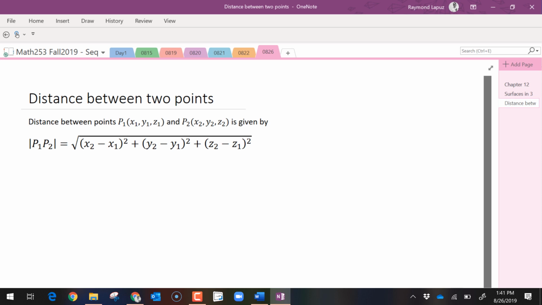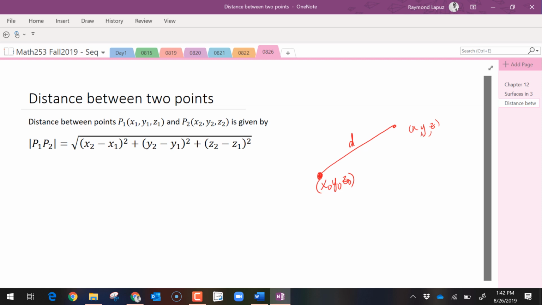But imagine if I said, I want to know the set of all points that has a fixed distance between x naught, y naught, z naught, and some other arbitrary point x, y, z.